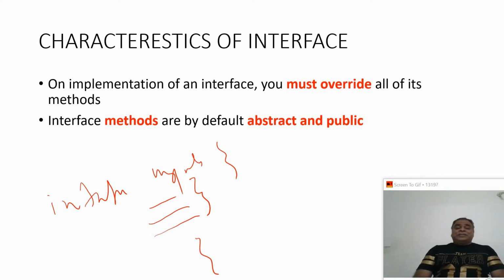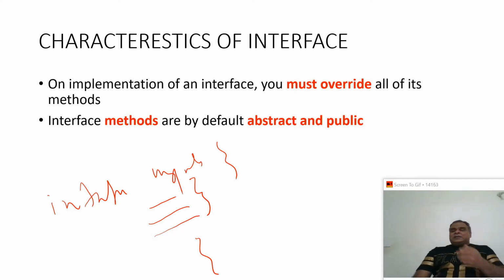Next, very important point: interface methods are by default abstract and public. All the methods are by default abstract and public. You won't use the keyword abstract there, but by default it is an abstract method.